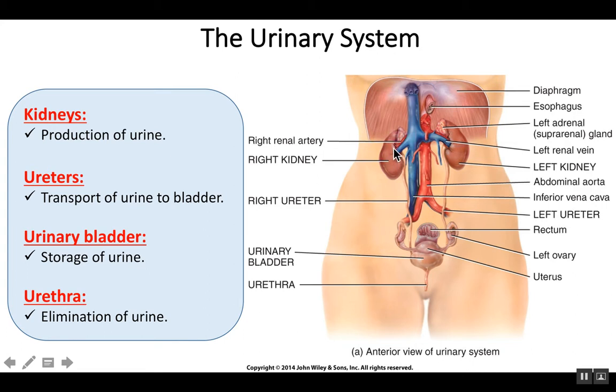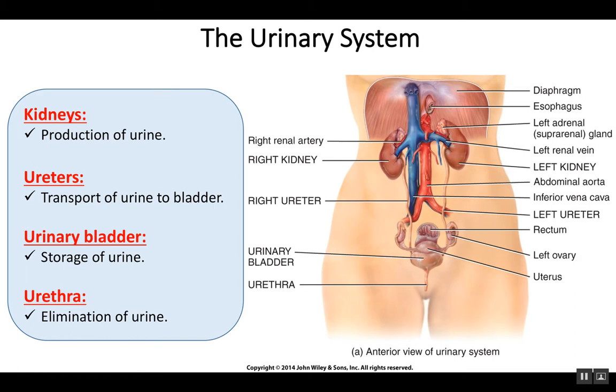You'll notice that there's blood flow going into the kidney and then back out of the kidney. So renal artery and renal vein. Ureters are transport tubes that use peristalsis to help move urine down to the urinary bladder. You'll notice the ureter is actually attached to the back of the bladder.